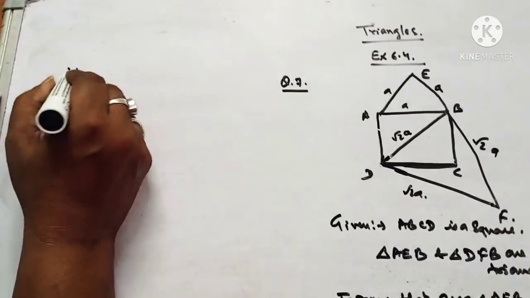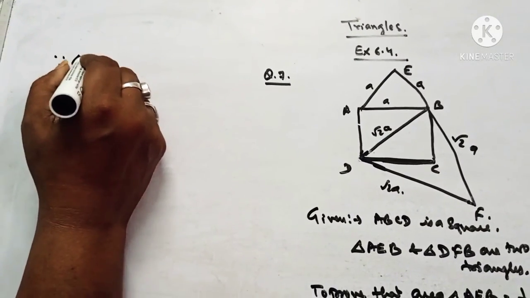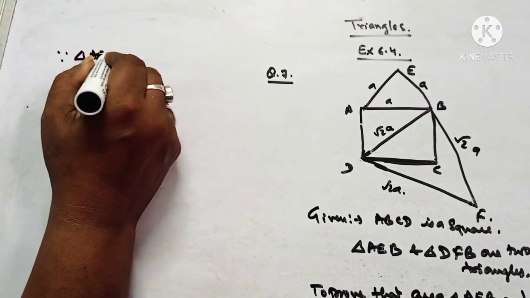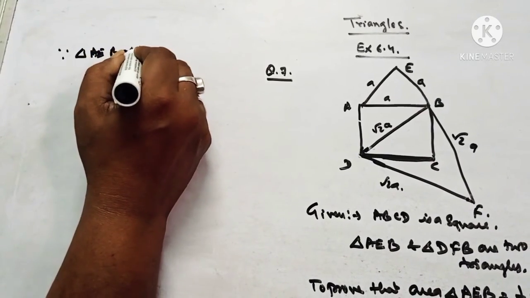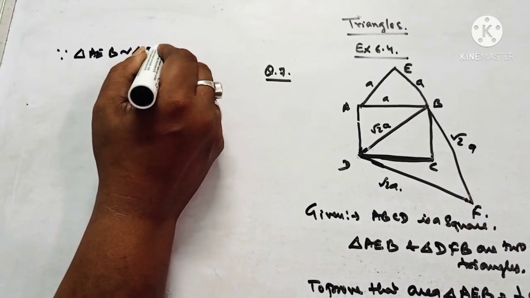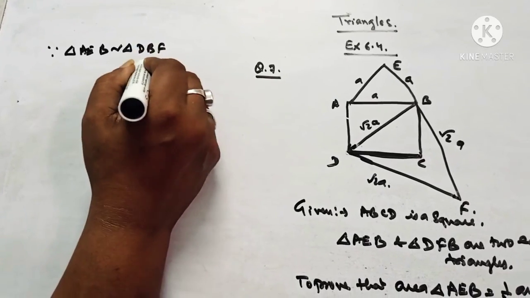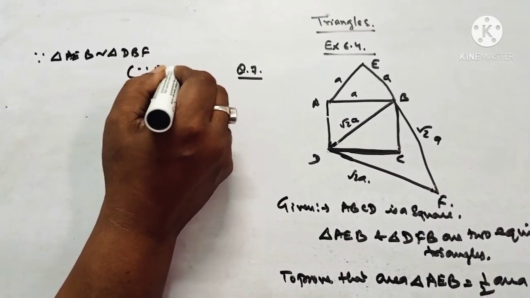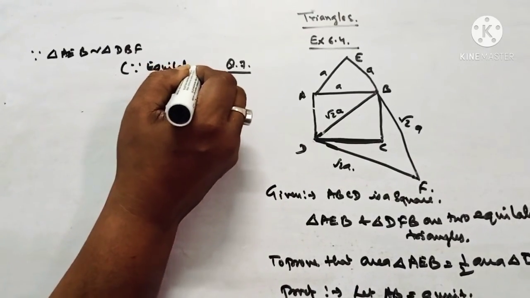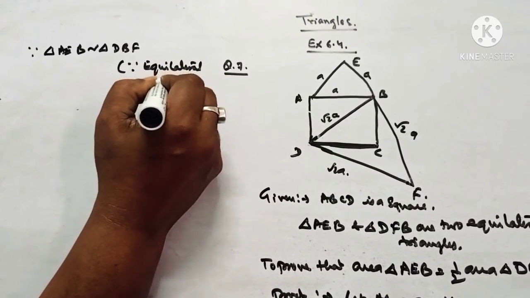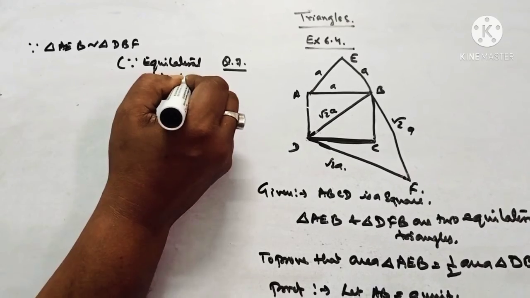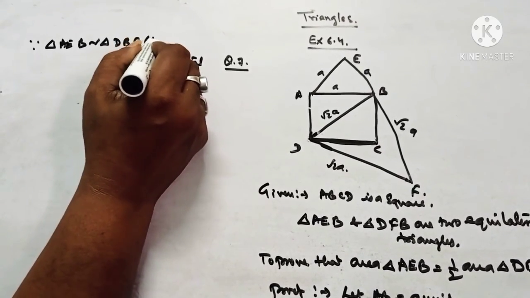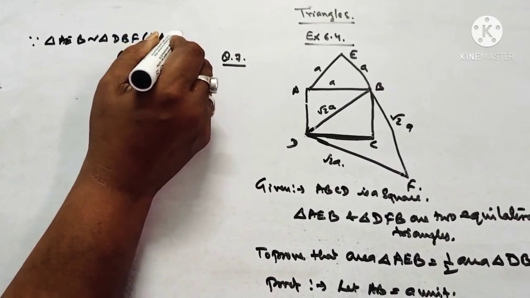Now, triangle AEB is similar to triangle DBF, because they are equilateral triangles, therefore they are similar from AAA similarity.